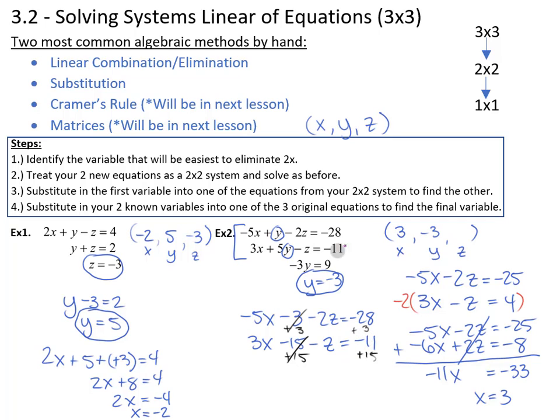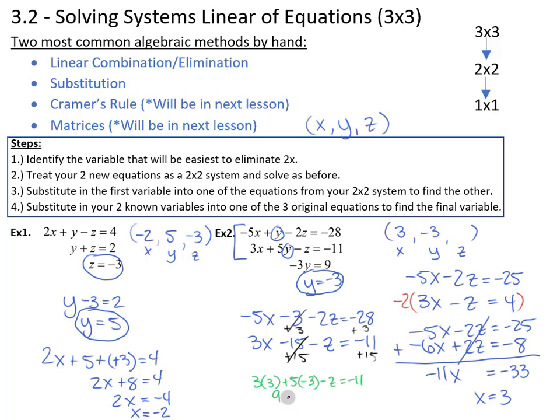Now remember that these values should make either equation true. So to get z, I need to plug back into one of these 2 equations that has z. I'm going to choose the second equation. I think those numbers look a little easier to me. So we'll use green down here. 3 times x, which is 3, plus 5 times y, which is negative 3, minus z equals negative 11.